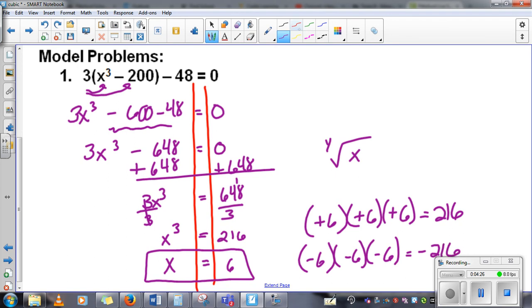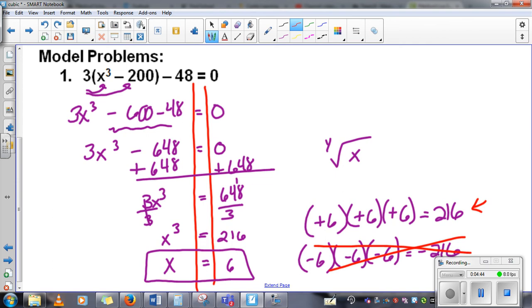Well, that's not what we want. This would be wrong. We only want the positive. So unlike our previous lesson where you had to do plus or minus for every answer, with a cube root you don't. You have one answer and one answer only.